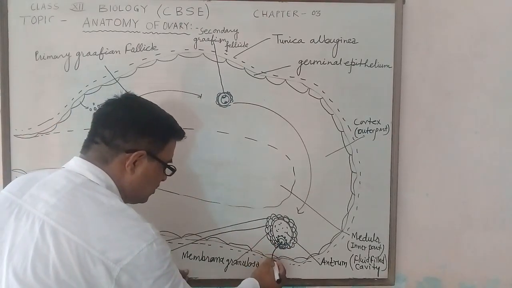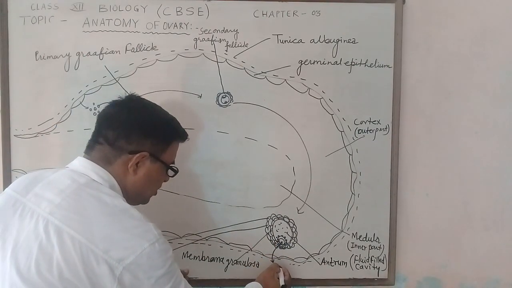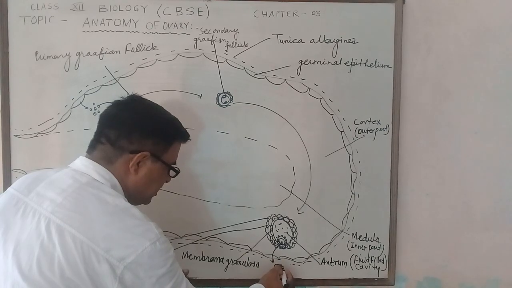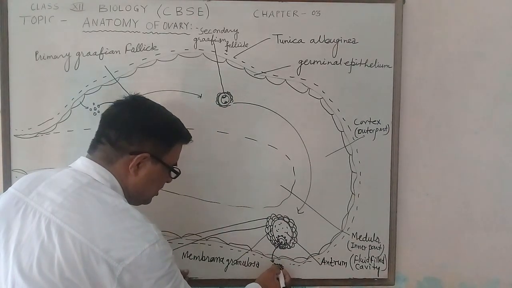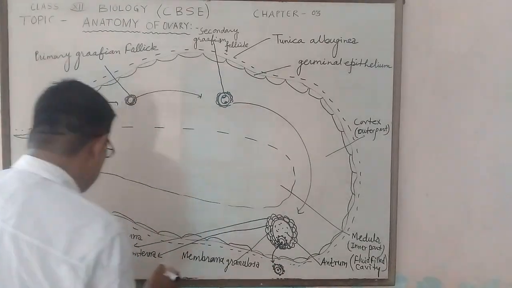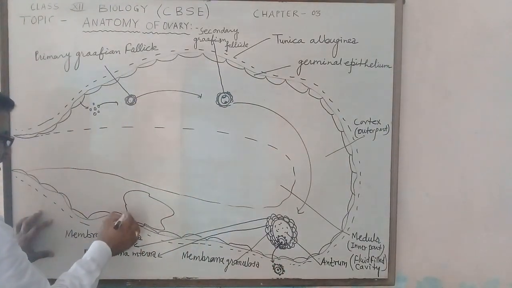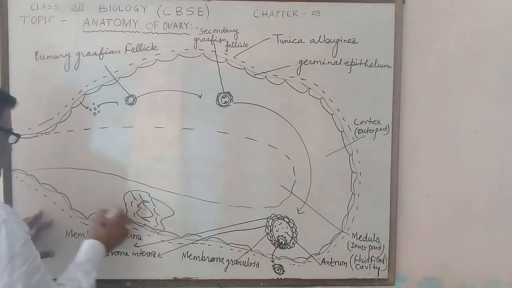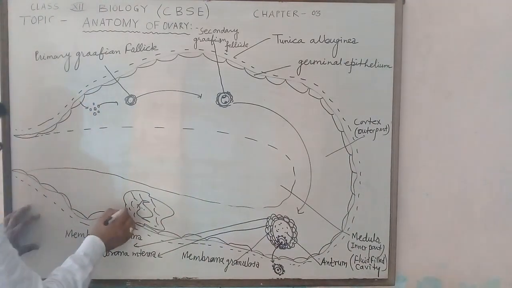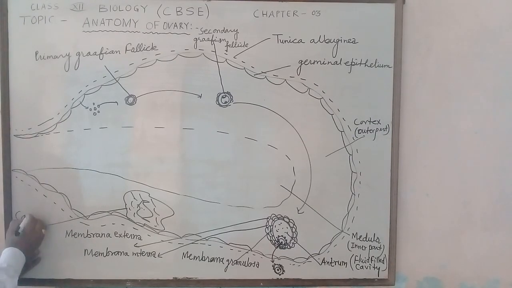After the follicle breaks, when the secondary oocyte comes out, this is called ovulation. After ovulation, a blood clot structure forms, which is called the corpus luteum.